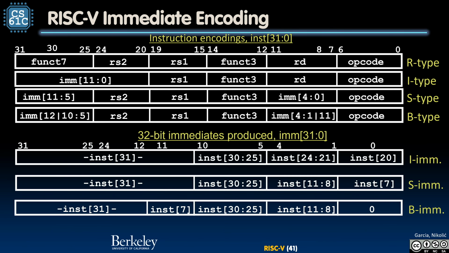Now, B-type, when you take a look at it here, is almost identical to the encoding that we have used for the S immediate. So all the bits are exactly in the same places, and most importantly, the 31st bit is in the topmost position, the most valuable position.